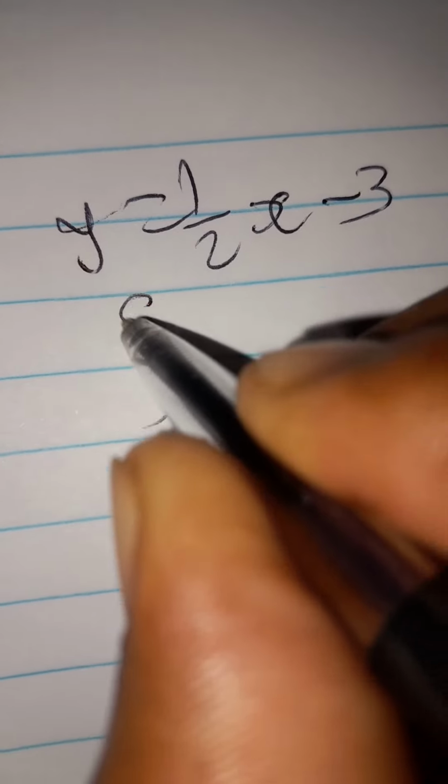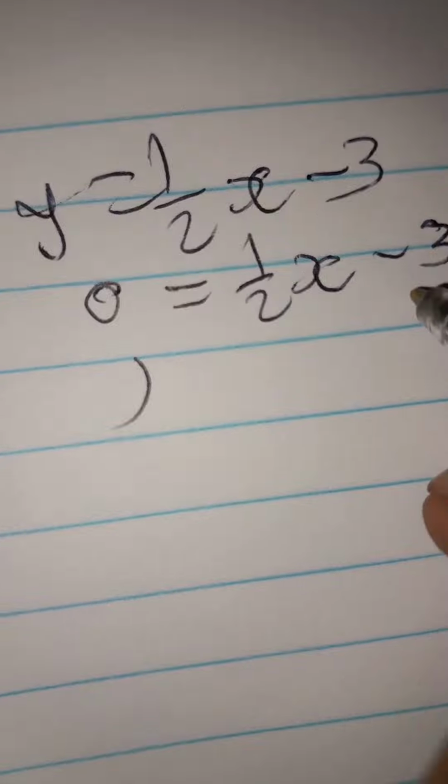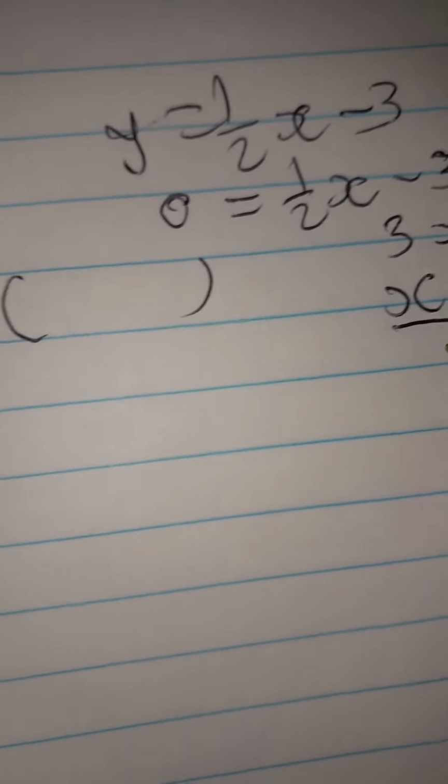You may recall that the graph of the inverse was given as half x minus 3. So let y be 0, so that we calculate the x-intercept. Take 3 to the other side, it becomes positive 3. Divide by half, that will give you 6, right? So C is 6 and 0.